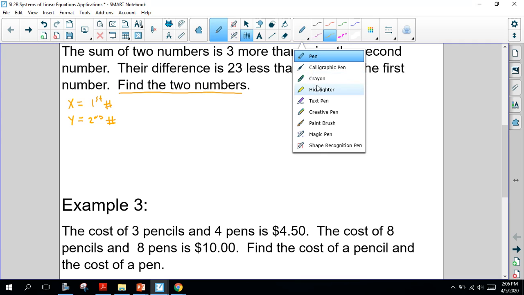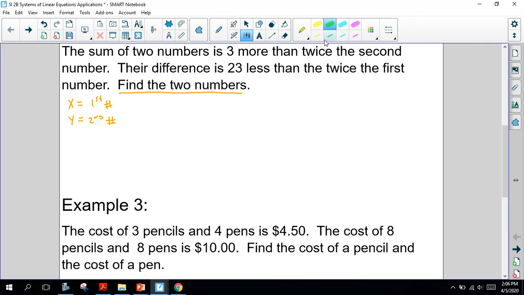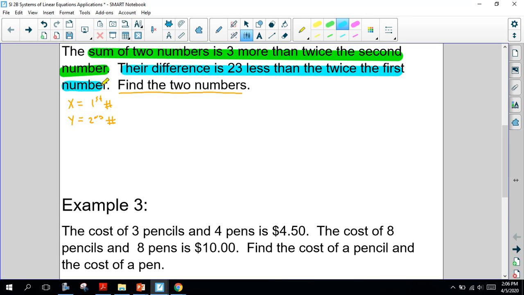We're going to use kind of the same strategy that we did on the previous one. Each sentence is typically going to represent an equation. So this first sentence that I'm highlighting in green is going to represent an equation. And my second sentence is also going to represent an equation.